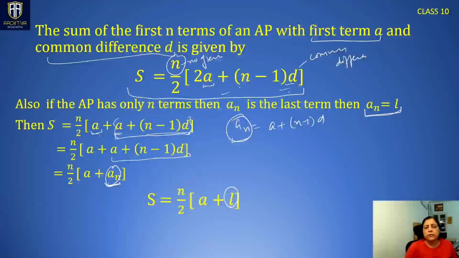So if the last term of the sequence is known, with a as the first term, l as the last term, and n as the number of terms in the sequence, we can calculate the sum in this way also.